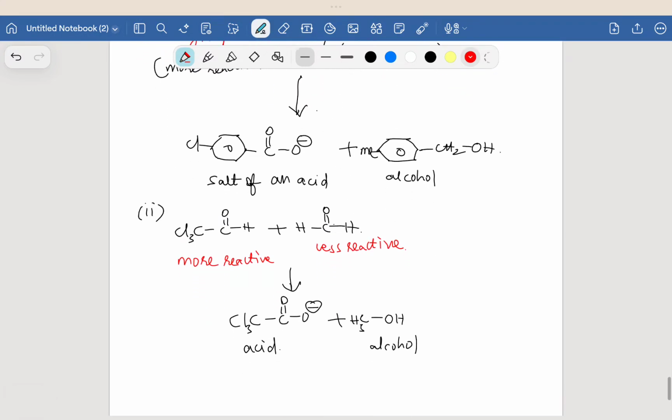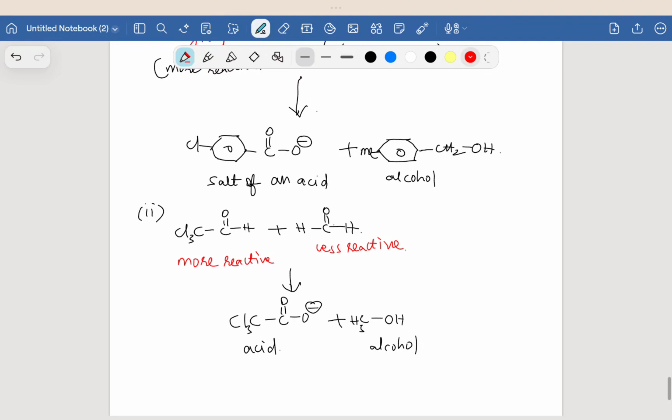Next, if we take CCl3 C double bond OH, and next if we take H C double bond OH, the CCl3 C double bond OH is more reactive. Why? Because 3 Cl groups are there. 3 Cl can pull the electrons, because it is electronegative, it will pull the electrons from there, so it forms an acid, and normal formaldehyde is less reactive, that's why it will form alcohol.